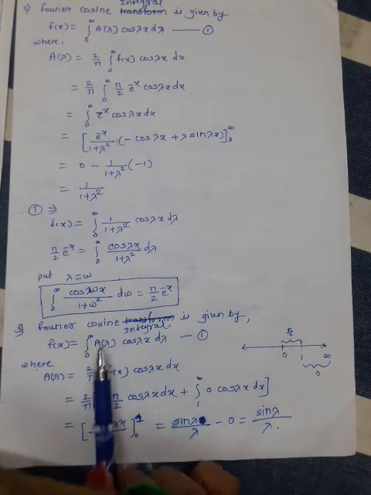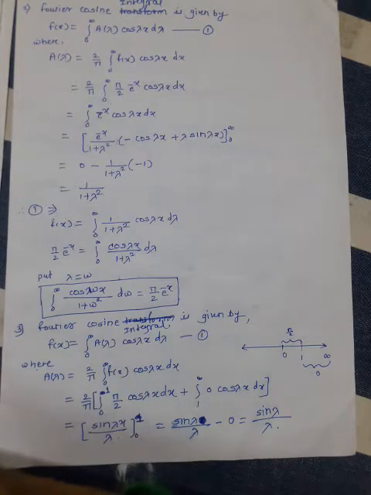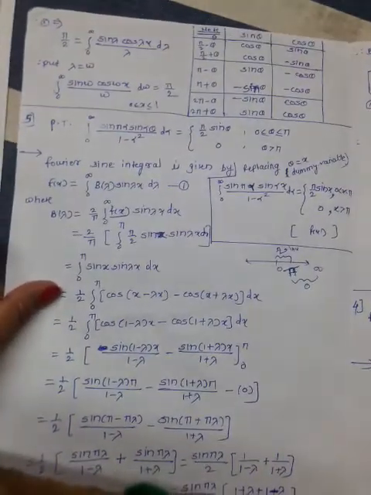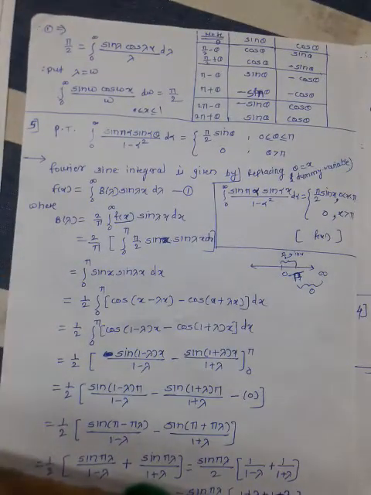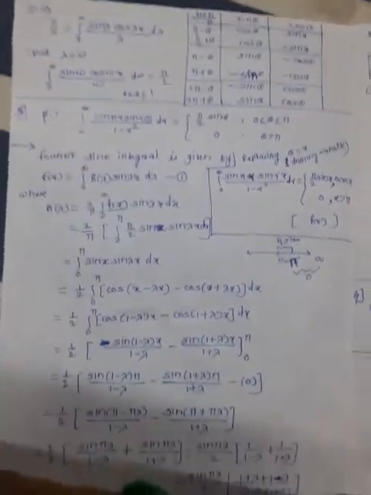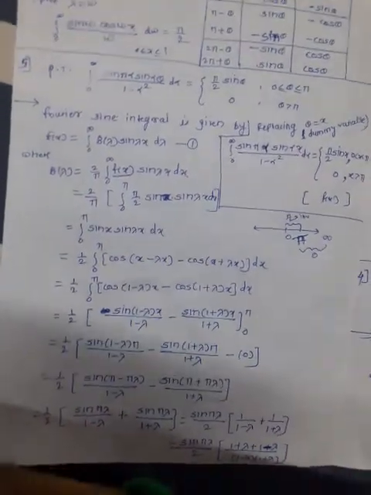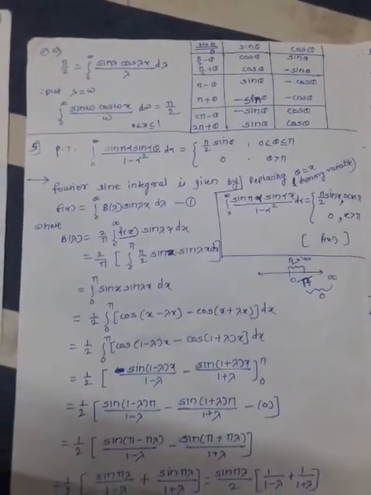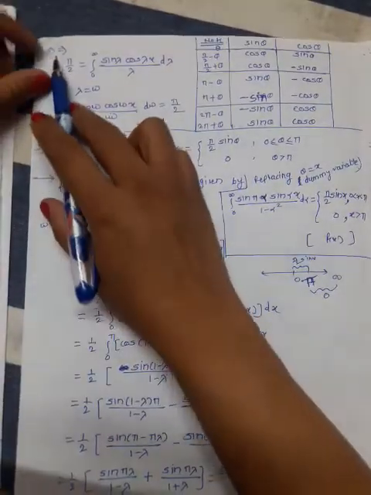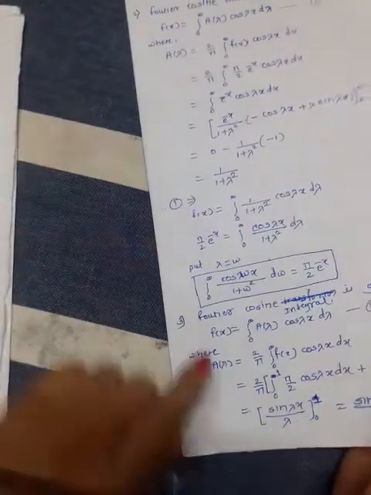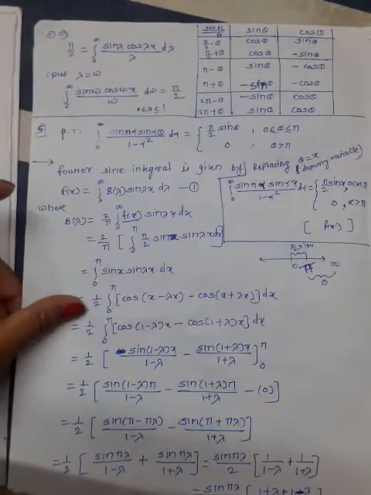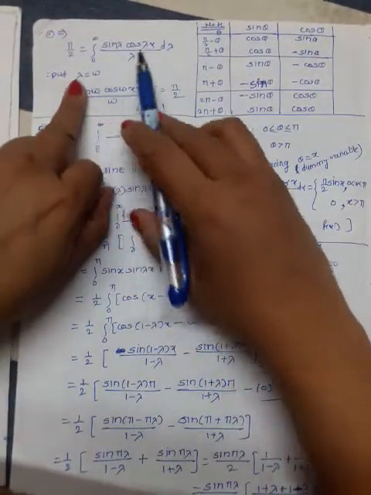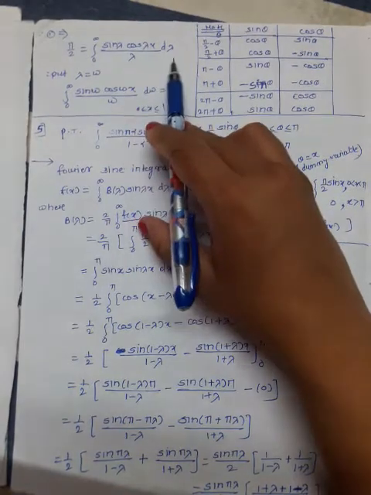Put this value in our cosine integral formula, we get f(x) is equal to our function value, that is pi by 2, integration 0 to infinity, sine lambda upon lambda is the a(lambda) value, cos lambda x d lambda.